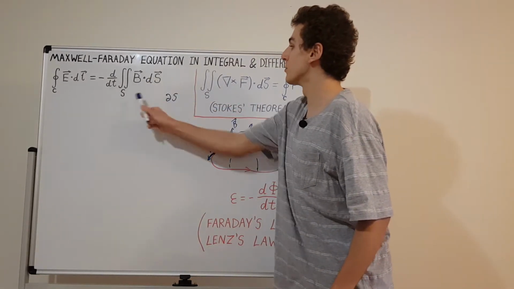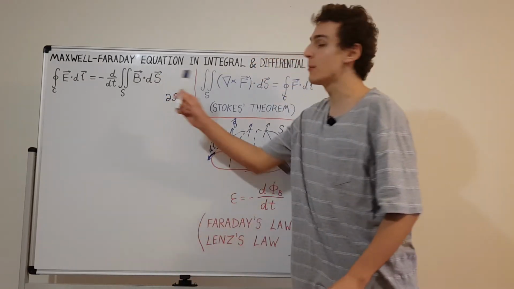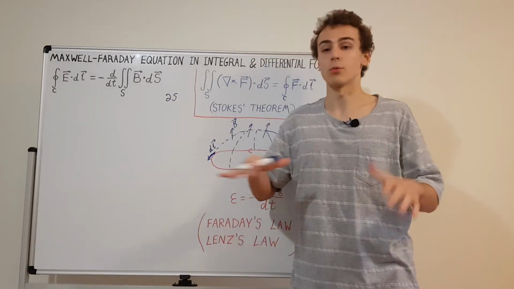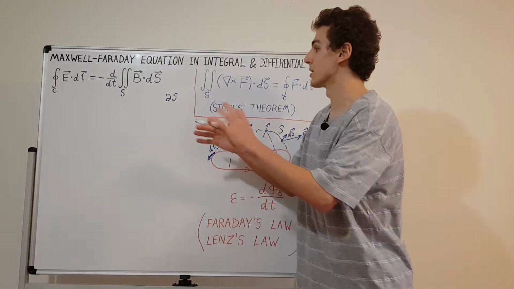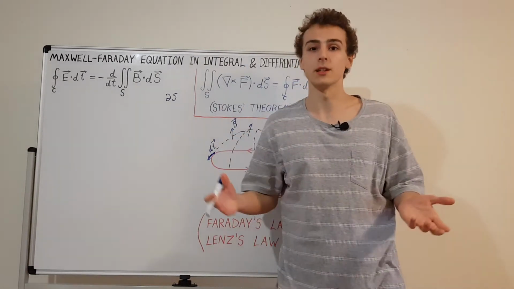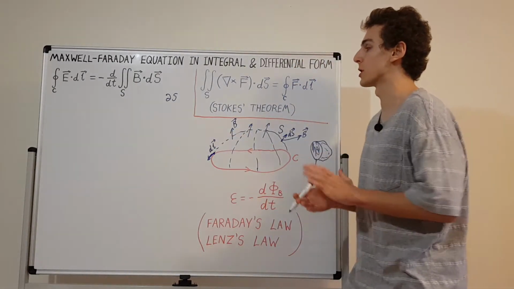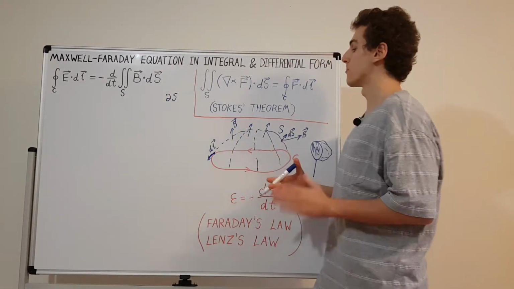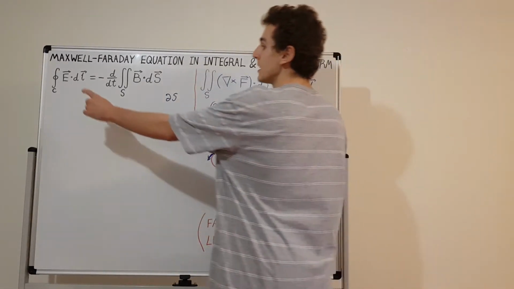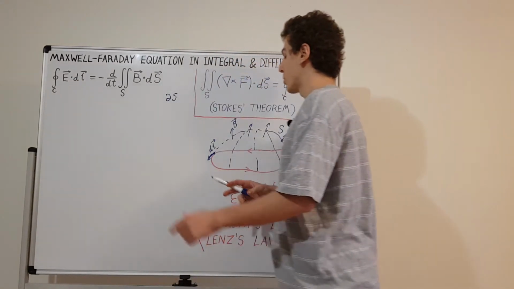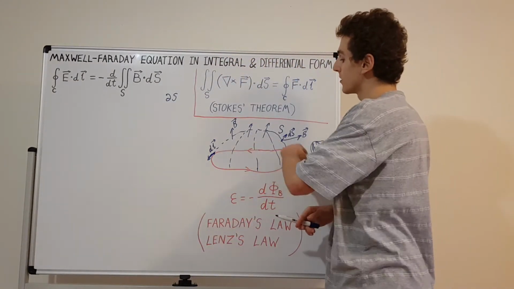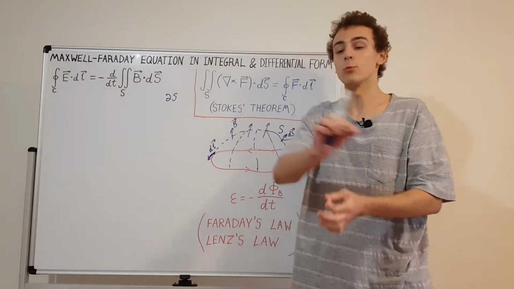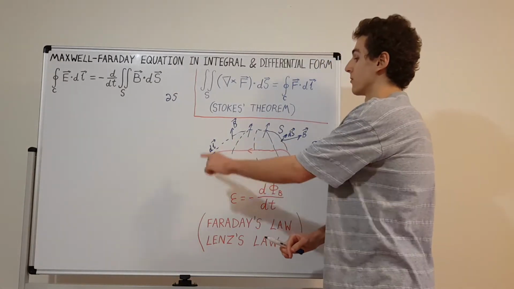So how would you actually compute this? Well, you would parameterize the surface with two parameters, compute the dot product, and take a double integral, depending on what coordinates you want to use. Sometimes Cartesian, sometimes cylindrical, sometimes spherical. How would you compute this guy over here? Well, you'd have to parameterize the curve C. You'd need to find a single parameter that describes this entire curve.